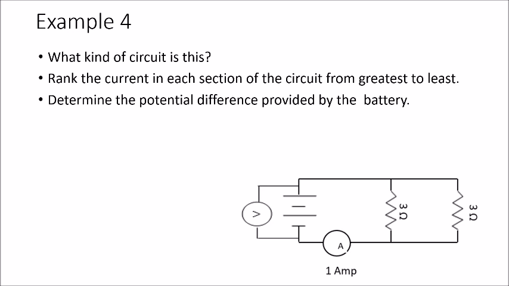Problem number 4. What kind of circuit is this? Rank the current in each section of the circuit from greatest to least. And let me add some ammeters here. So this will be ammeter number 1, ammeter number 2, ammeter number 3. And then determine the potential difference provided by the battery.